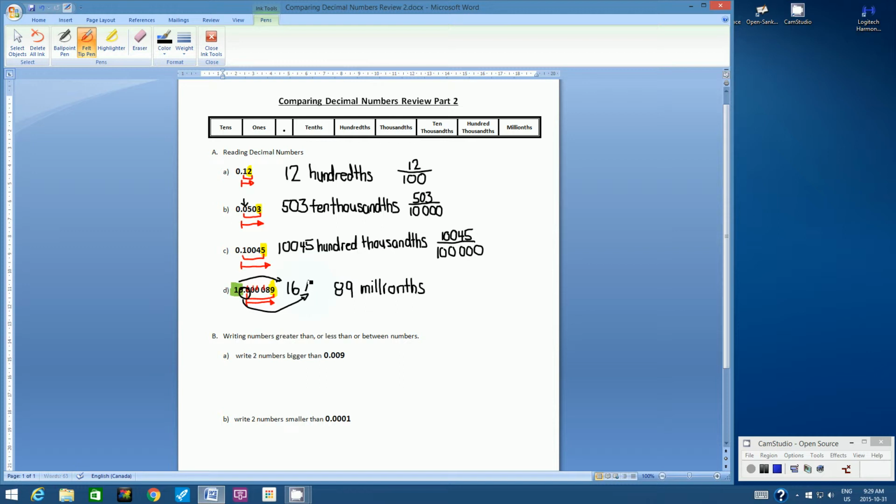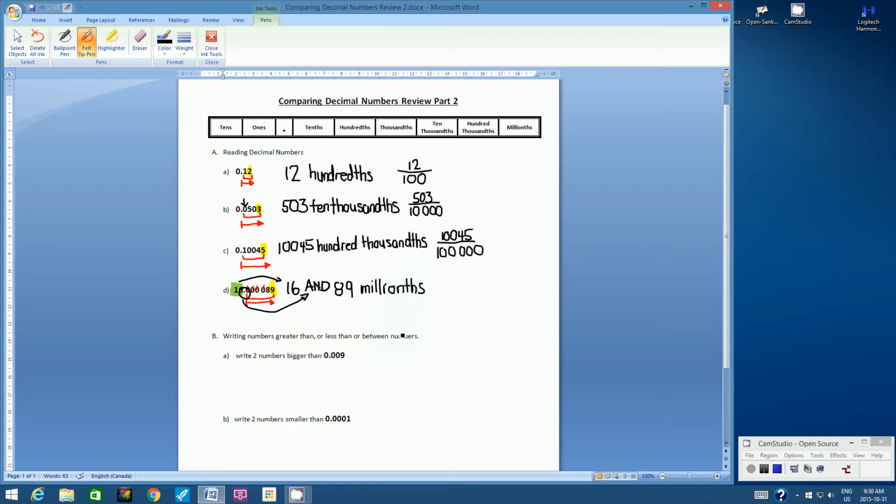And in order to do that, we use the word and. Now, I'm only writing it in all capital letters because I just wanted to emphasize it. Normally, you wouldn't capitalize it. So this number read out loud would be 16 as a whole number and 89 millionths.